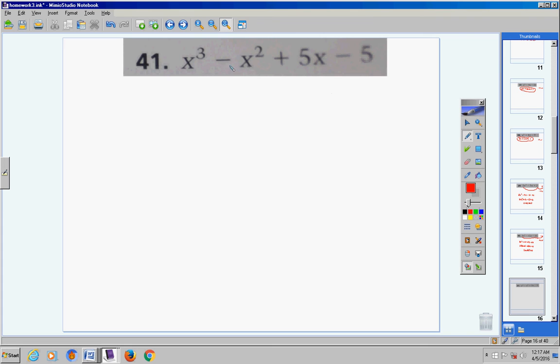Well, you pull out what's common in the first two terms. So you can pull out 2x's out of both terms. You're left with this. Now over here you can pull out a 5, and it will be a positive 5 because of the positive sign here. And so, because we have x minus 1 here, let's put x negative 1 here. 5 times x, 5x, 5 times negative 1, negative 5, so we're good.